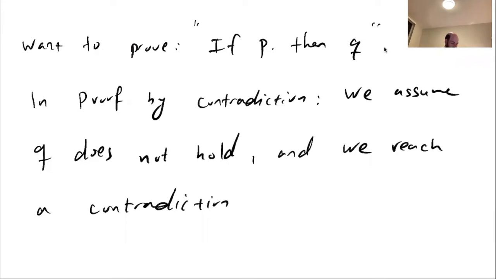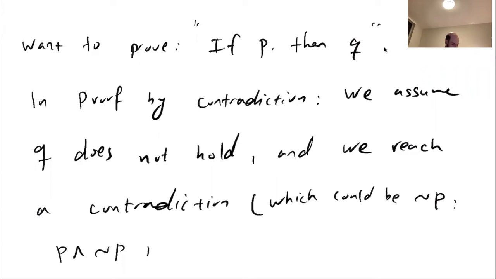We reach a contradiction which could be negation P, because P and negation P is a contradiction. Recall that P and negation P is a contradiction. Contradiction, if you remember, means a statement which is always false. And P and negation P is always false. For example, it rains today and it does not rain today. That's not possible. That's always false, right?